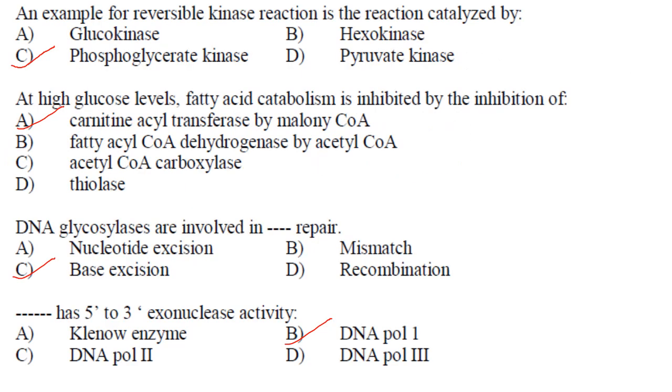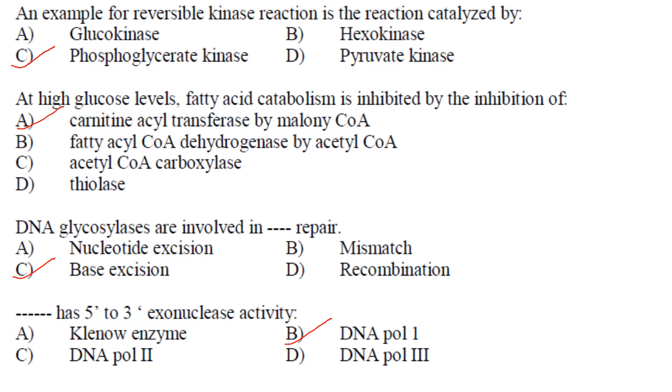Next one. An example of reversible kinase reaction is the reaction catalyzed by. So glucokinase occurs in liver and pancreas, and hexokinase, both of them facilitate phosphorylation of glucose to glucose 6-phosphate. Then phosphoglycerate kinase catalyzes the reaction between 1,3-bisphosphoglycerate plus ADP to form 3-phosphoglycerate plus ATP.